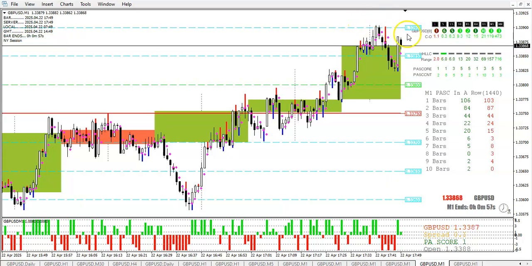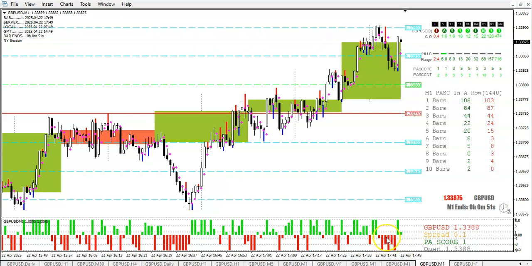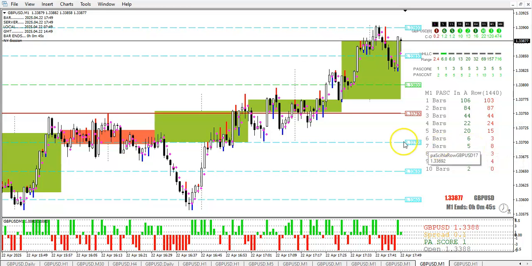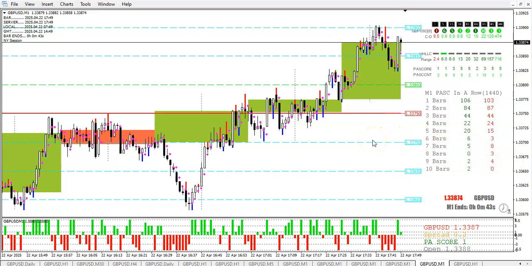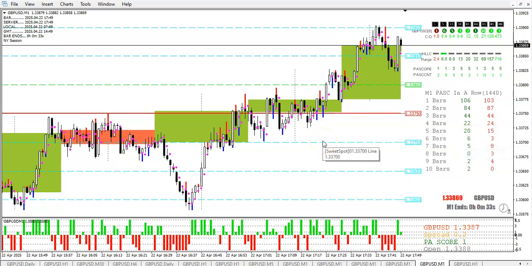So you can see right here this big bar put in a score of 5, that's the highest score you can get. And it came after 6. So you can see here, chances of going from 6 to 7 aren't that great. Just like anything going past 5, really, you're pushing your luck.